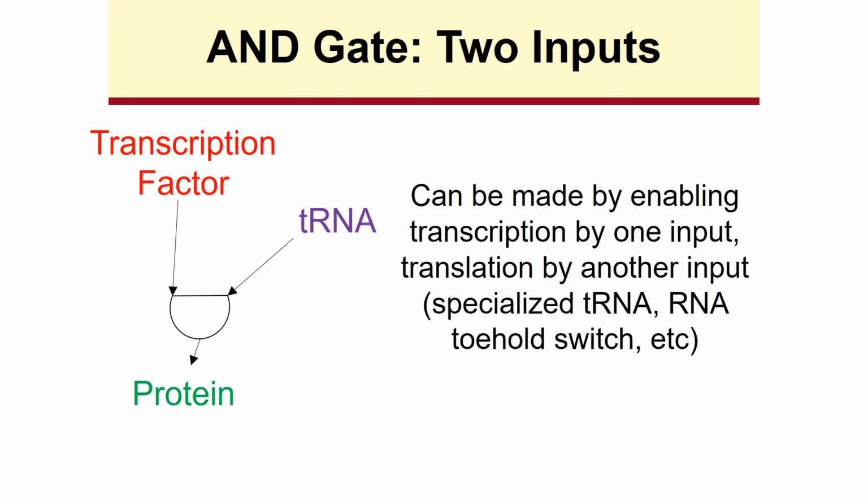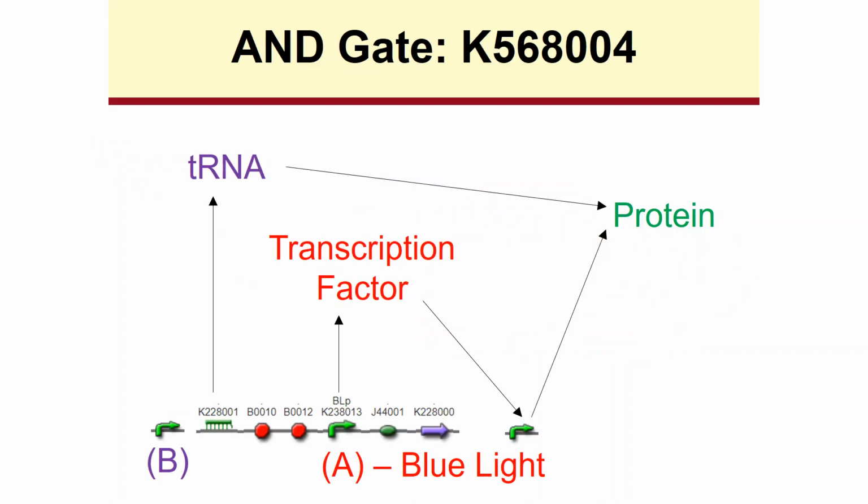This can also be done using a variety of different combinations of biological activity. Here is one such example of a different combination, where you'll need two different molecules, both a tRNA and a transcription factor, to successfully produce this protein.